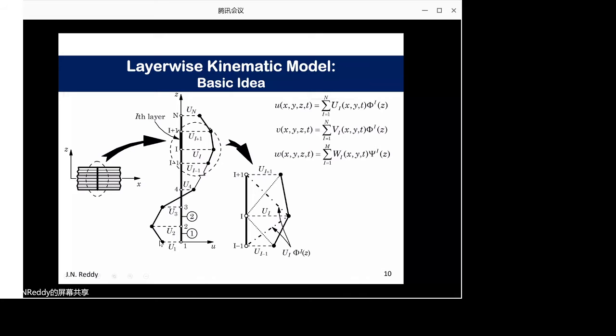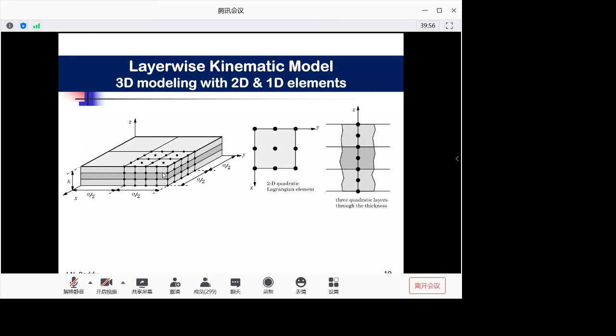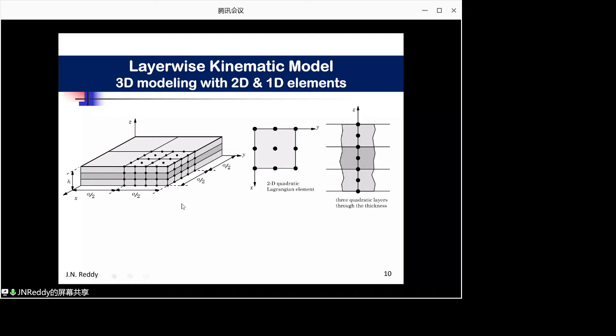Now I'm going to show you one example here. Here is again a 3-layer laminate, 0, 90, 0, for example. I'm showing one quadrant of that. If you look at that from a 3-dimensional point of view, you think of using 3 rows of elements through thickness, and then there is a 2 by 2 mesh in the quadrant, right?